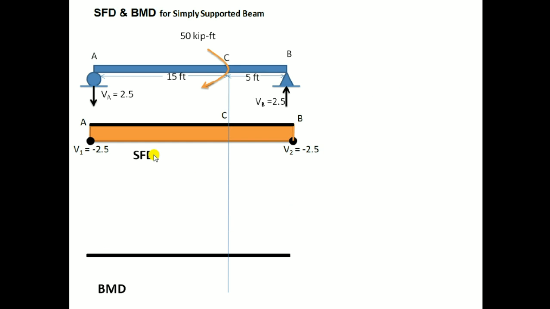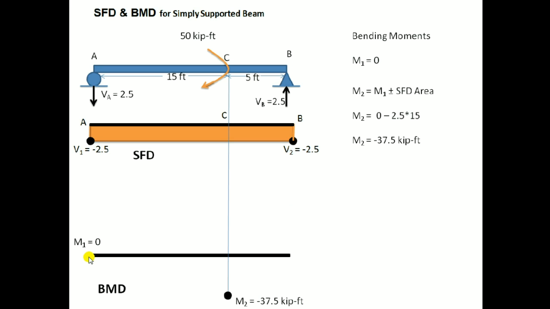Now I will draw the BMD diagram. This is M1, here is the roller, so M1 will be 0. At a roller and pin the moment is always 0. And this is M2. How do we find M2? M2 is equal to M1 plus or minus the SFD area.